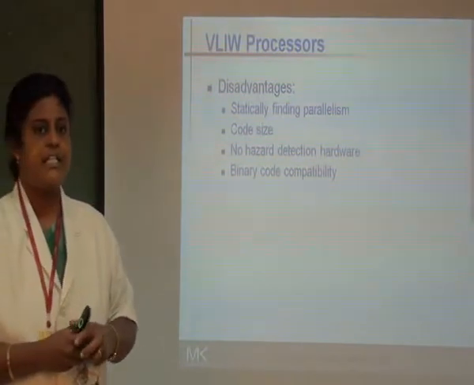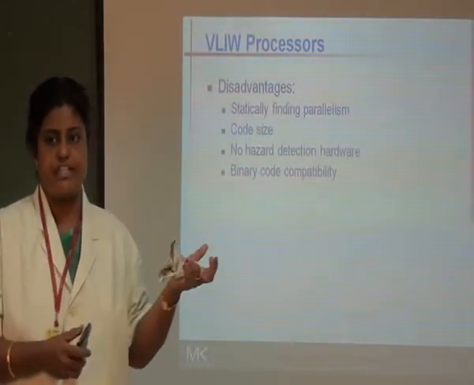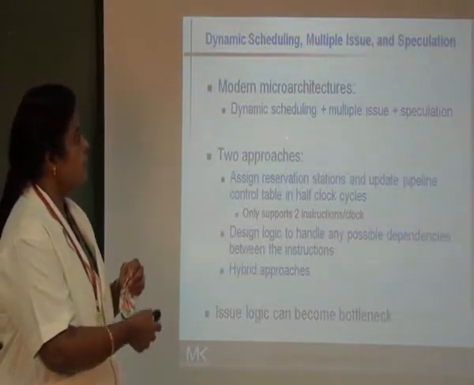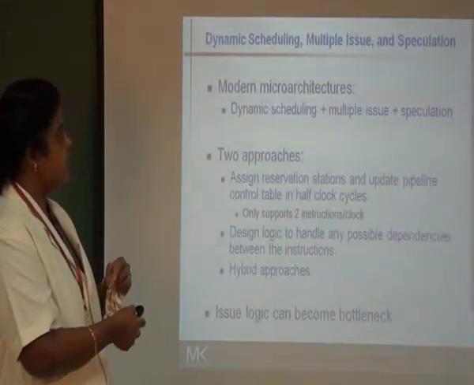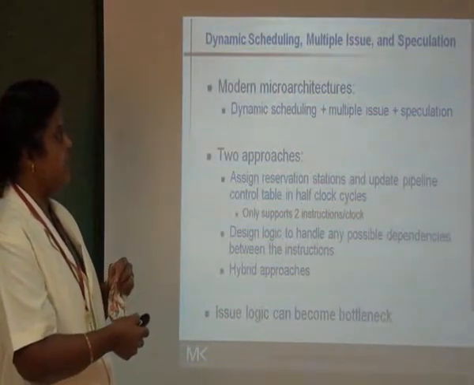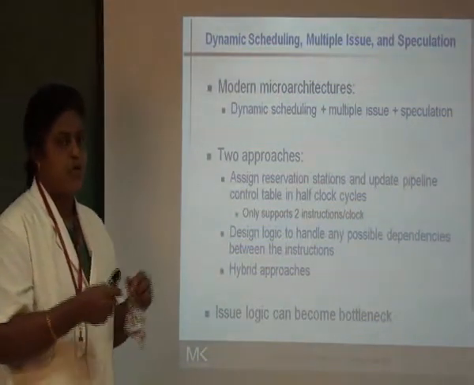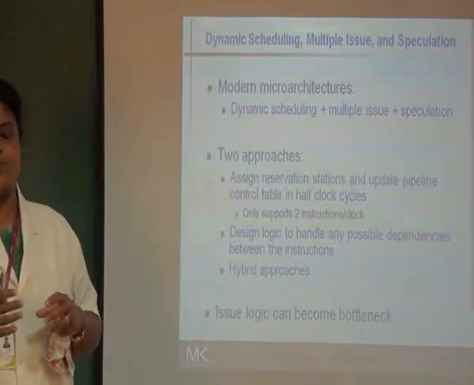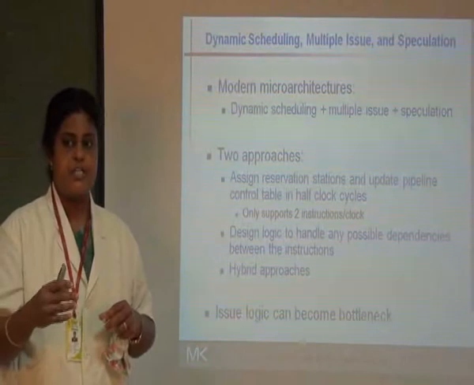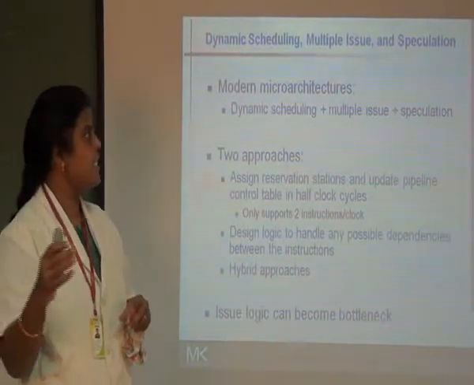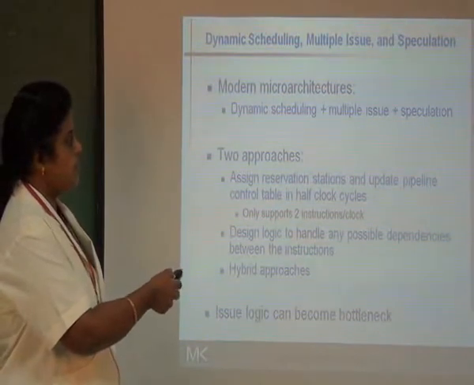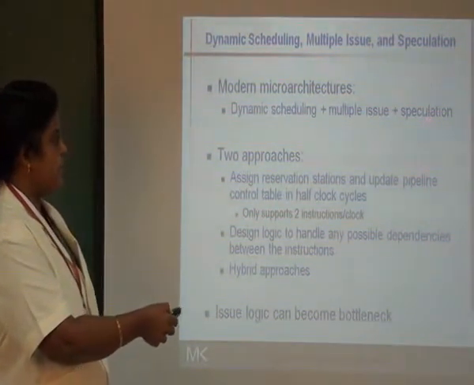These are the disadvantages of VLIW processors. Now, comparing dynamic scheduling, multiple issue, and speculation processes: how do we compare dynamic scheduling, multiple issue, speculation, and combined dynamic scheduling plus multiple issue plus speculation?